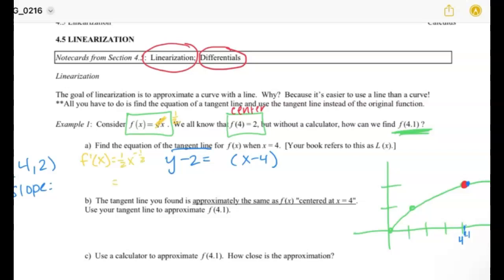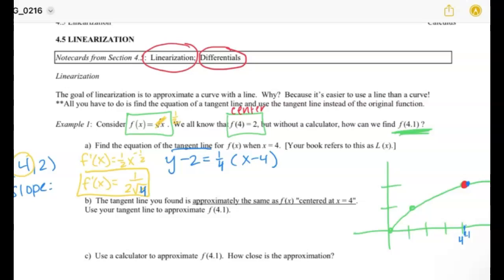This would be a time when it's helpful to simplify, because now we plug in our 4 to find our slope at 4. When we plug in 4 for x, we get 1 over 2 square root of 4, which is just 1/4.